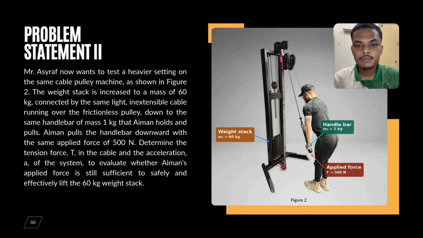Aiman pulls the handlebar downward with the same applied force of 500 Newton. Determine the tension force T in the cable and the acceleration A of the system to evaluate whether Aiman's applied force is still sufficient to safely and effectively lift the 60 kg weight stack.